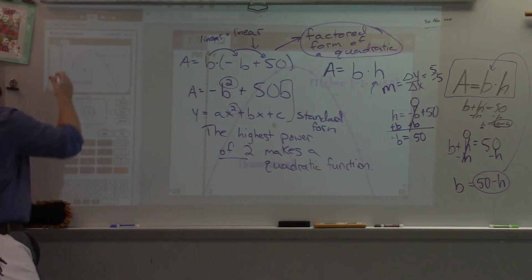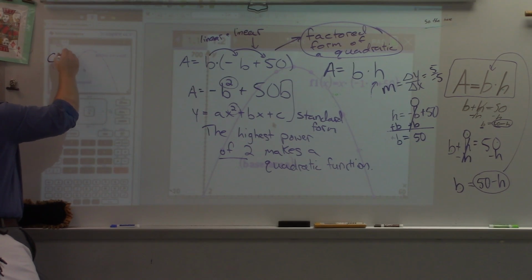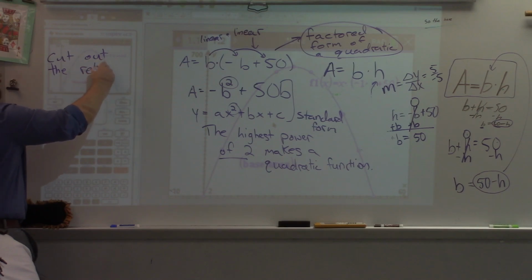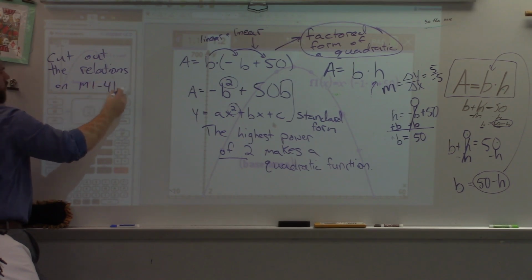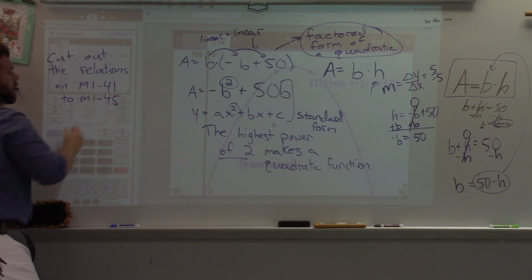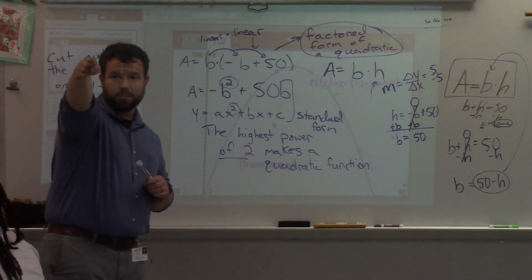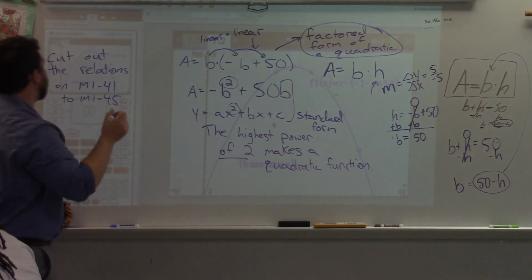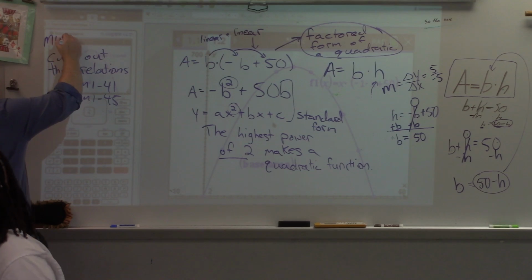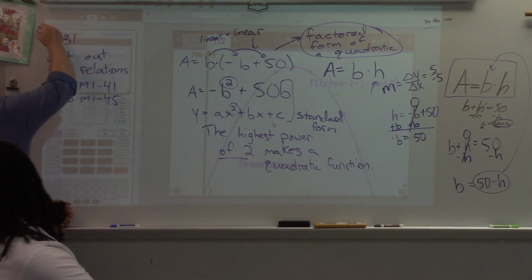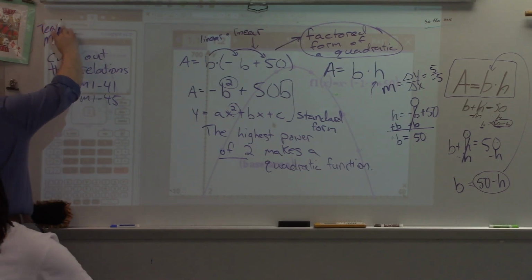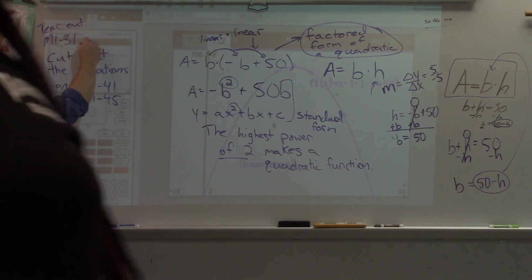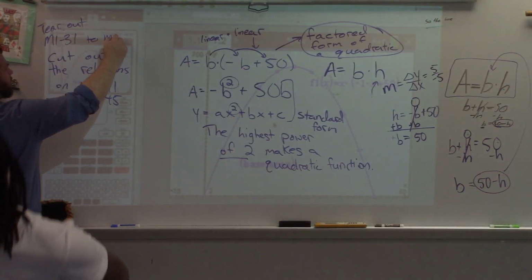When you are done with that, I need you to cut out the relations on M1-41 to M1-45. You will probably have to get those pages out of the book back there. Yesterday, I think you were supposed to tear out M1-31 to M1-45.